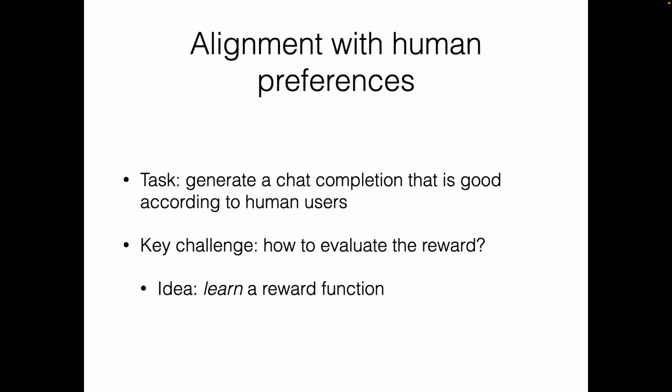If we think about using reinforcement learning, then one question would be, how do we evaluate the reward? The approach is going to be to try to learn some reward function, because we probably can't write a Python program to evaluate this notion of whether it is a good response or not. So first we're going to go on a little tangent about learning a reward function.